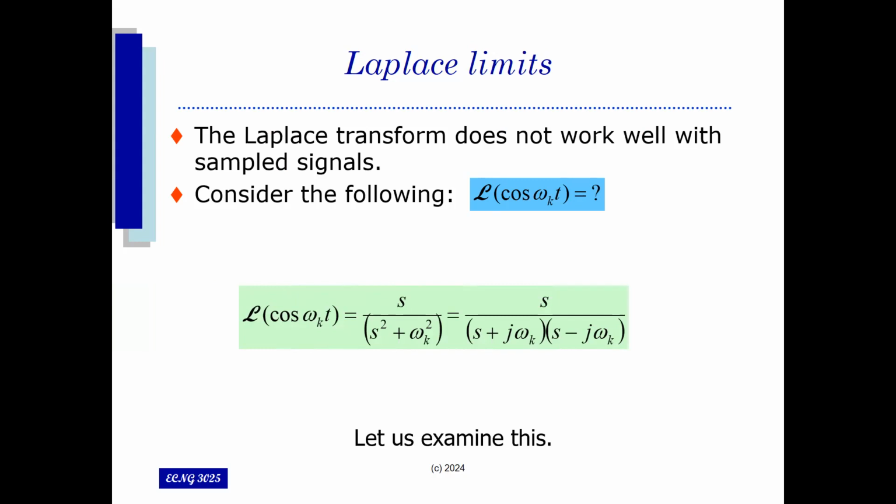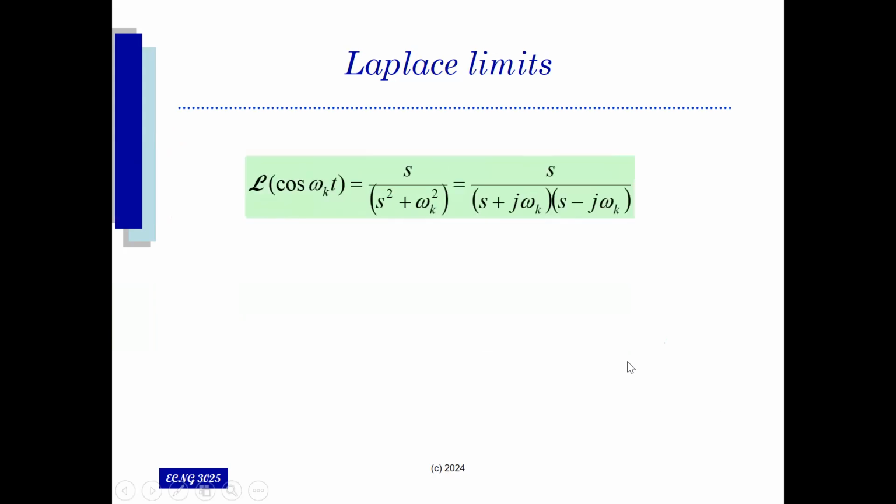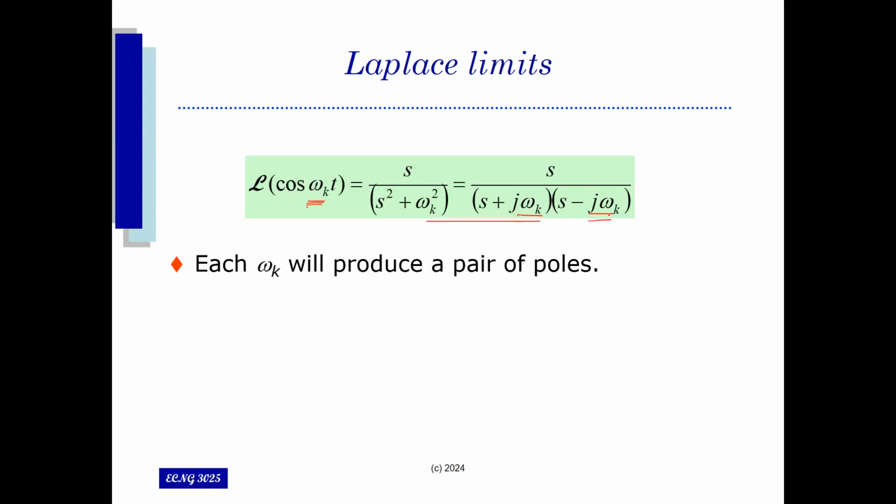In other words, the Laplace transform of the cosine omega t gives me two complex conjugate poles, one at s plus j omega and one at s minus j omega. So each omega_k gives me a pair of poles, one at plus j omega_k and one at minus j omega_k.